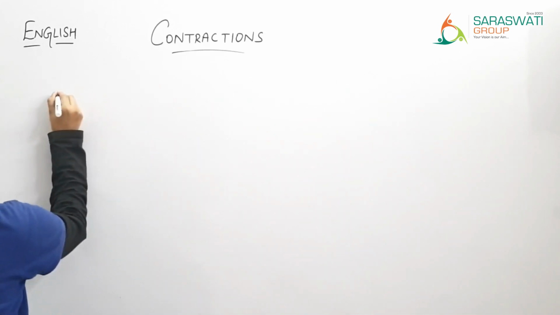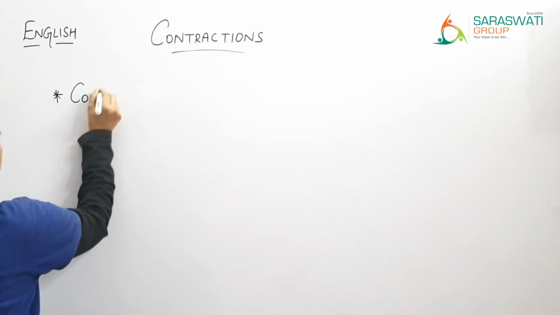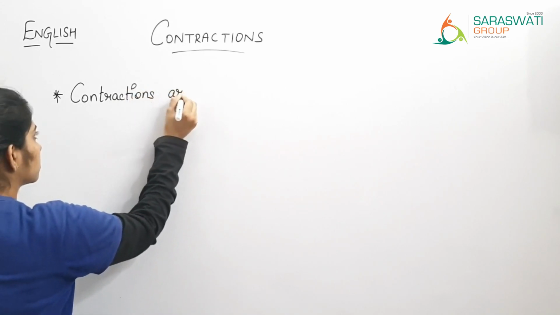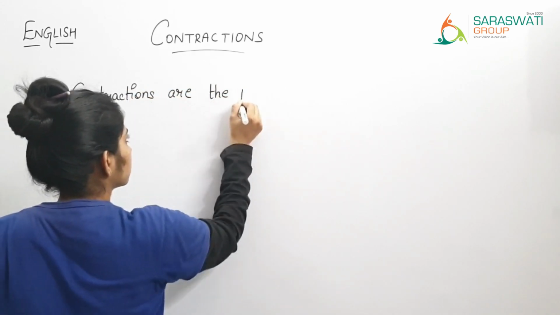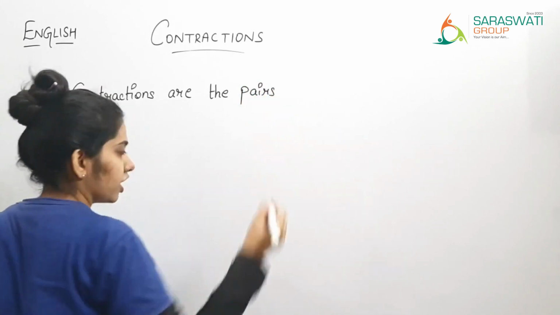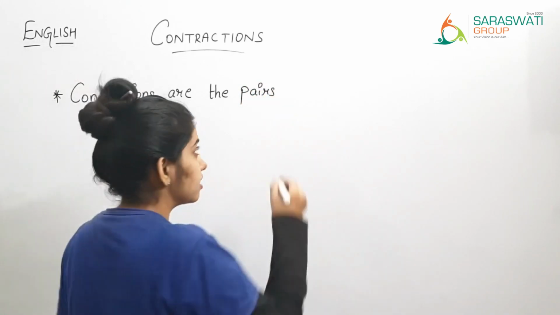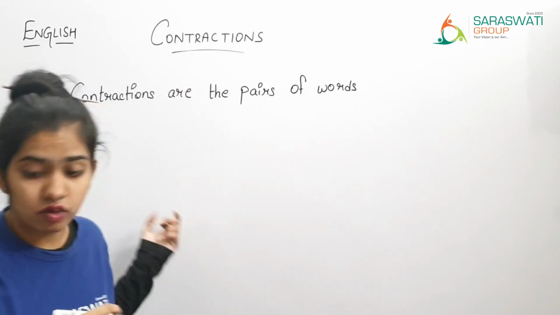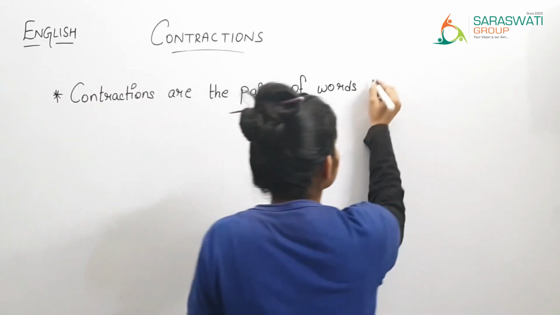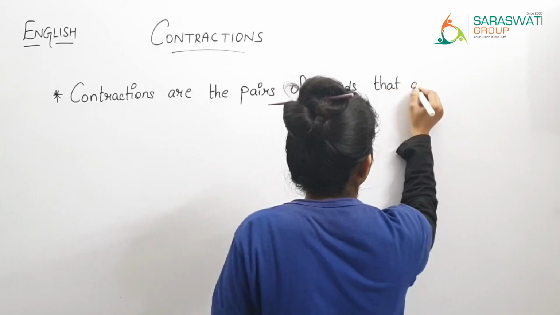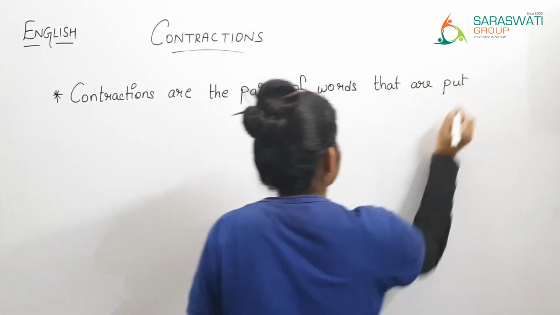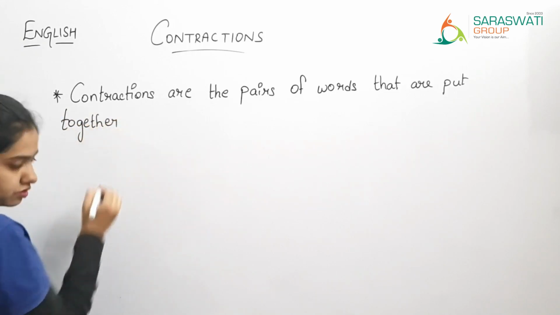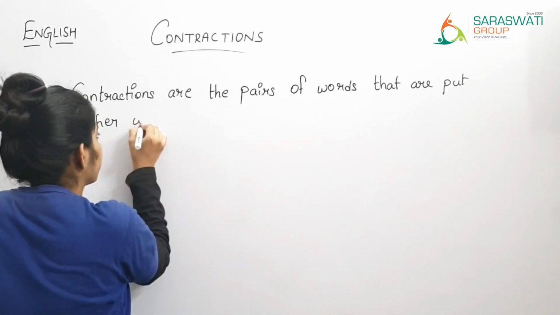Contractions are the pairs of words that are put together with an apostrophe.